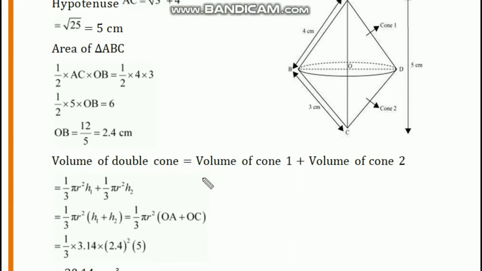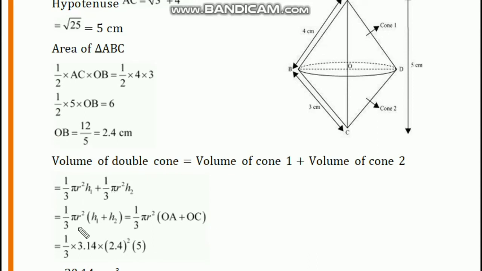Volume of double cone is equal to volume of cone 1 plus volume of cone 2. So volume of cone 1 is 1 by 3 pi r square h1, and the second cone is 1 by 3 pi r square h2. We already know that h1 plus h2 is 5 centimeter.